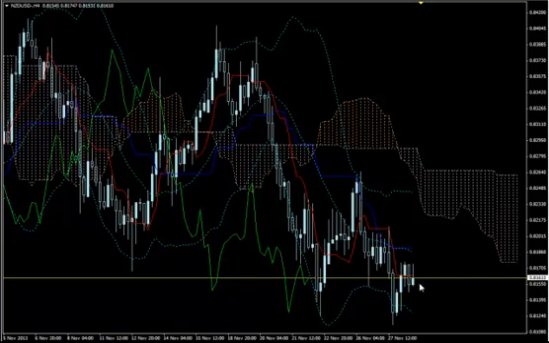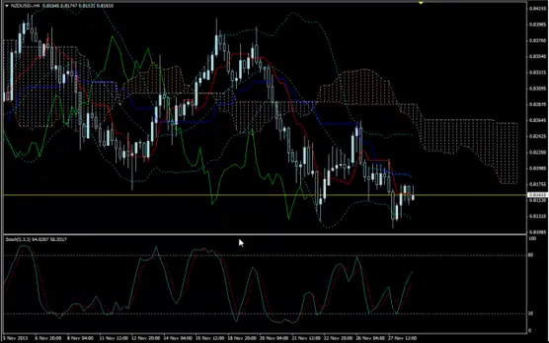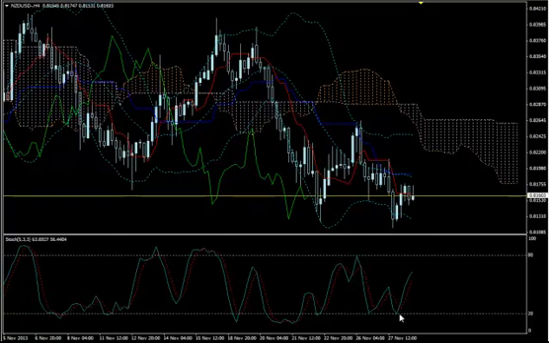So we expect this move to go at least up to the middle Bollinger Band. Let's see what stochastics tell us. So I will insert stochastic, which combined with Bollinger Bands tell us a lot of things. So stochastics on the H4 time frame for the pair are still going up.